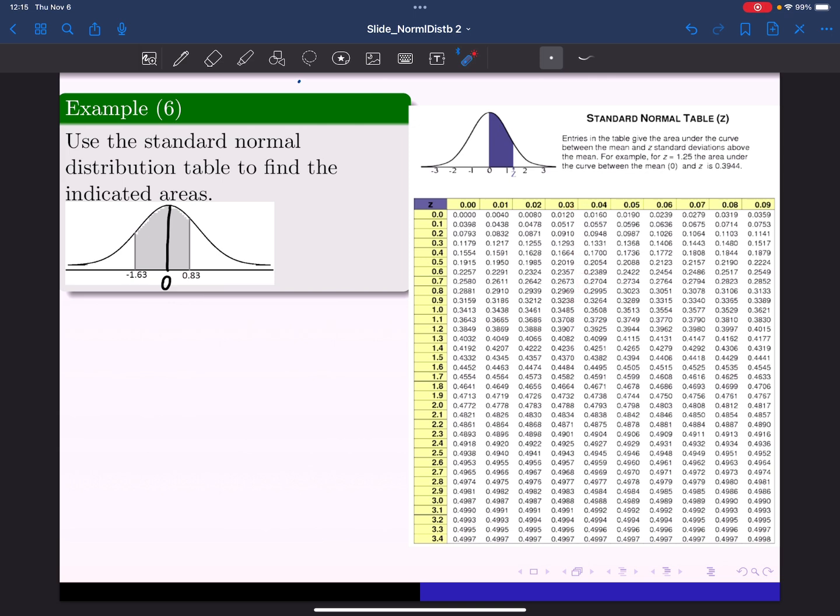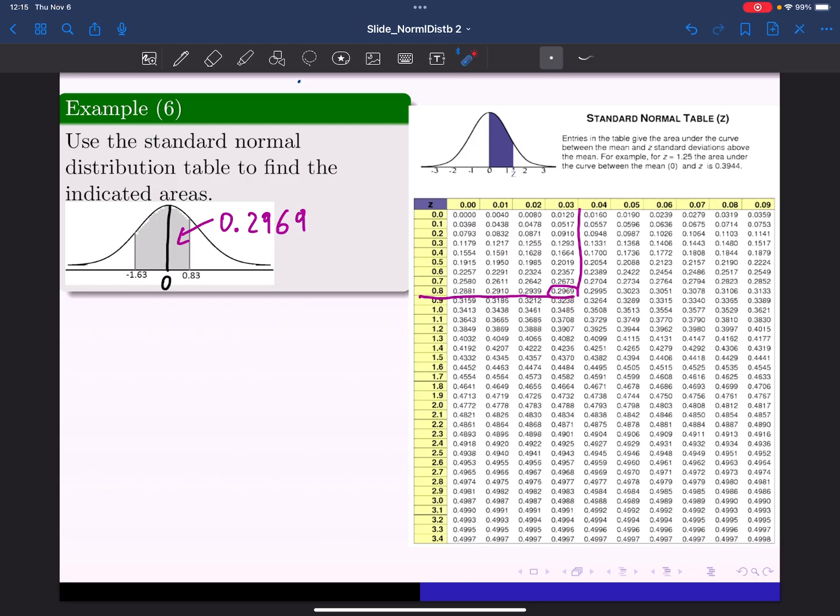So that's going to be this area to the right. The area is right here. So the area to the right is 0.2969.